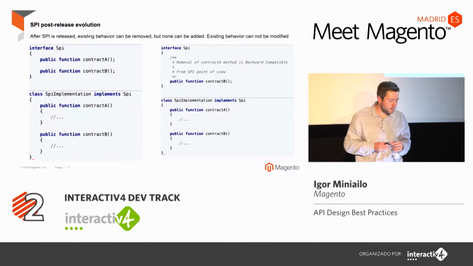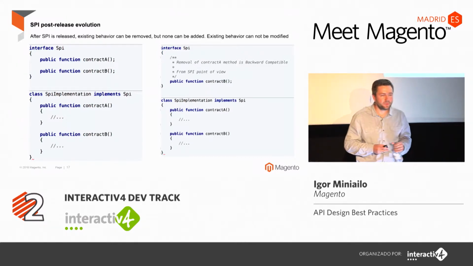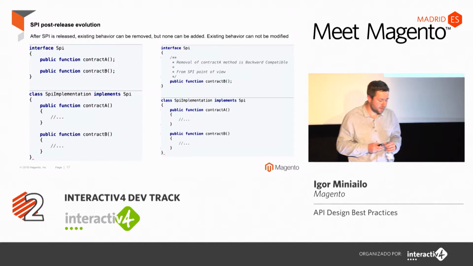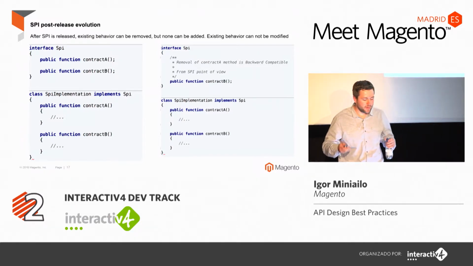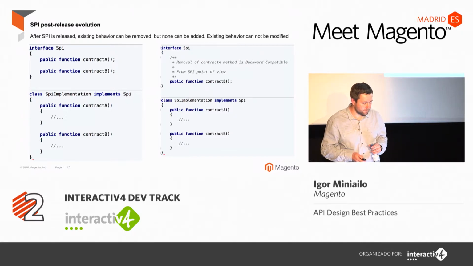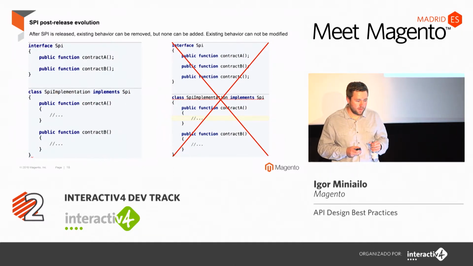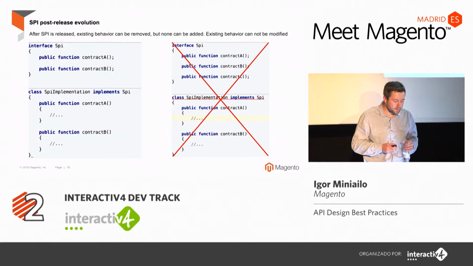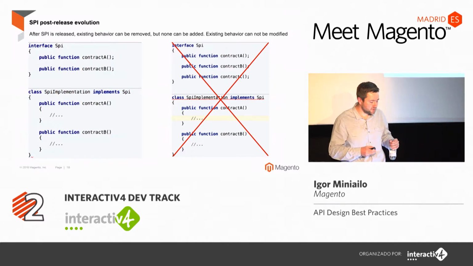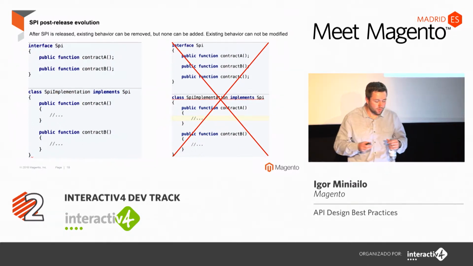For example, we removed the contract A method, and you still have the implementation which has both methods, contract A and contract B, but you did not break the code. So it still will work. But if you add an additional method to the interface, you will definitely break it, because the current class which provided the implementation for both of those methods knows nothing about the newly created method you just added to the interface.